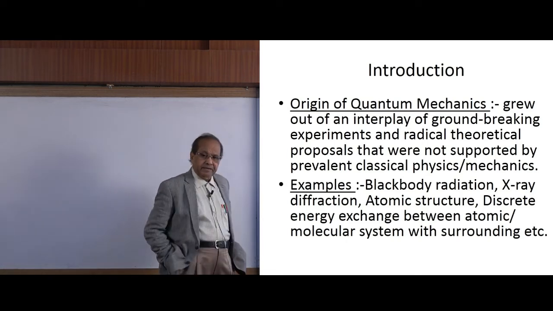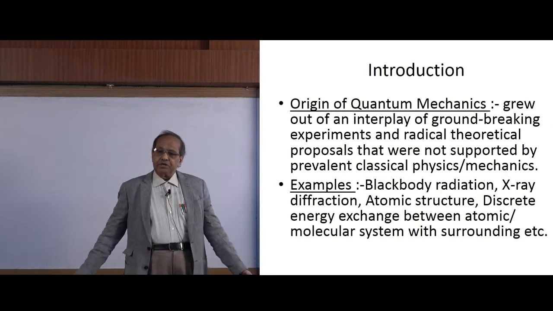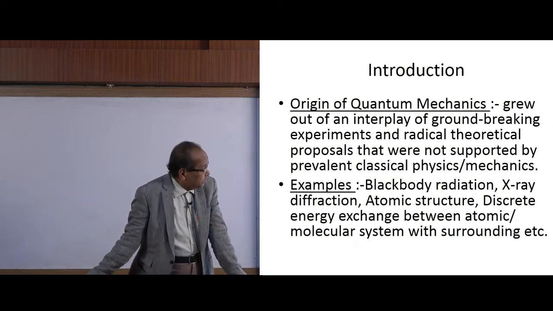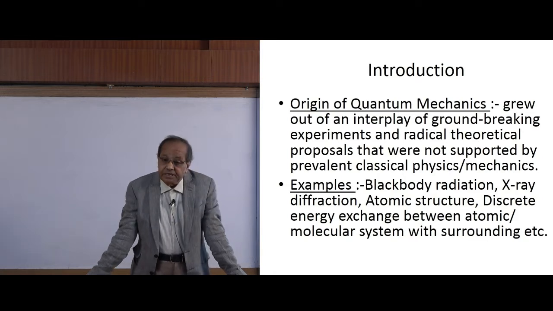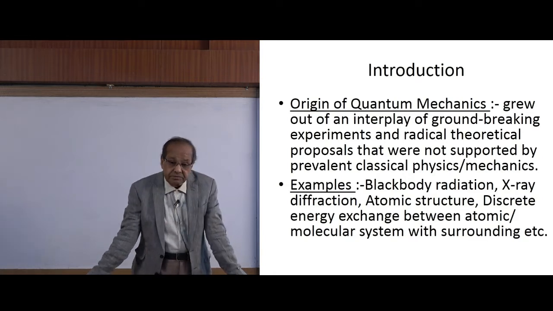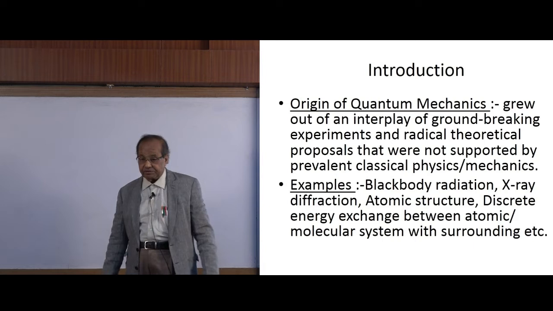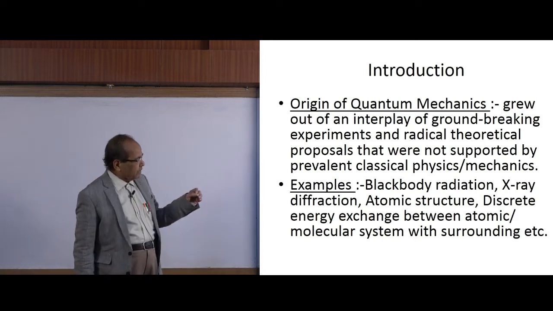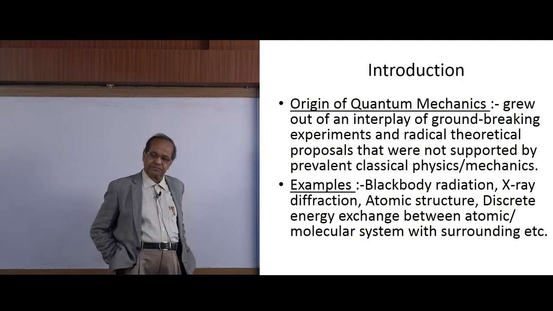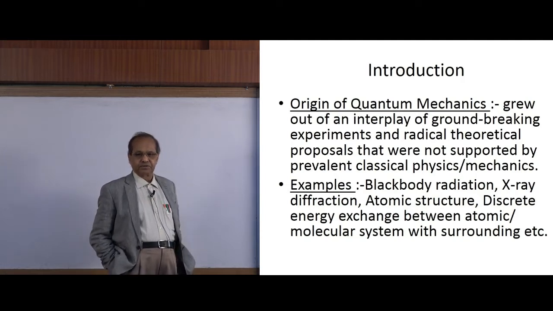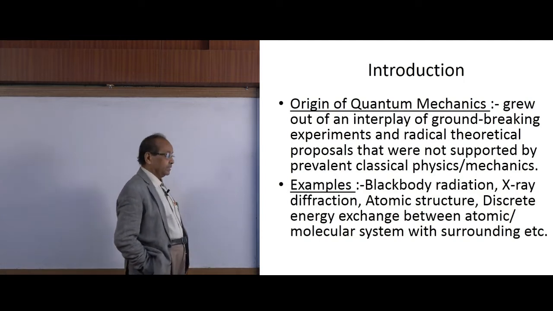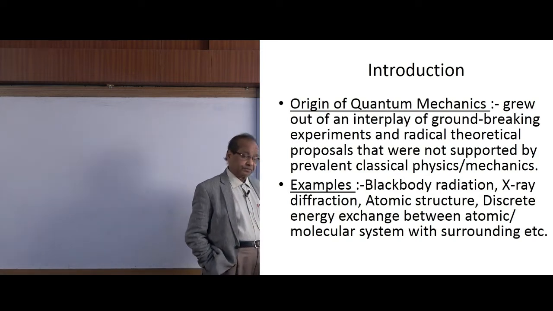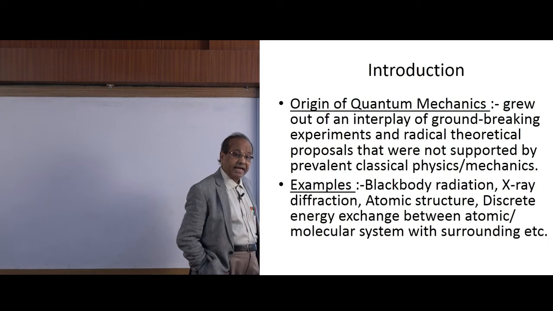And finally, it was Max Planck who actually was the Nobel laureate for this proposition. He explained this blackbody radiation from the standpoint of a completely new idea in physics, which goes against the then principle underlying physics. What is that?